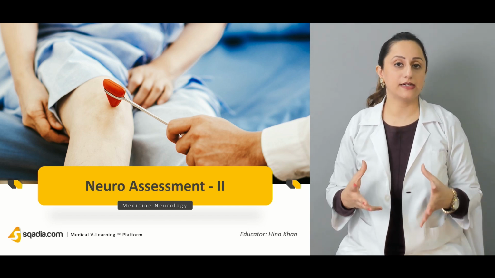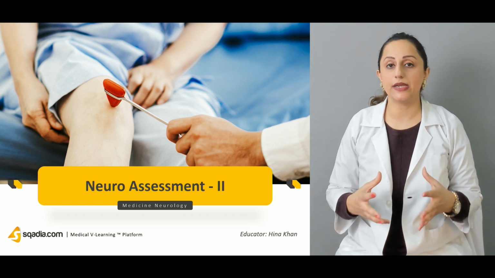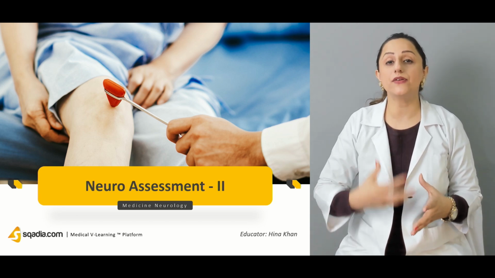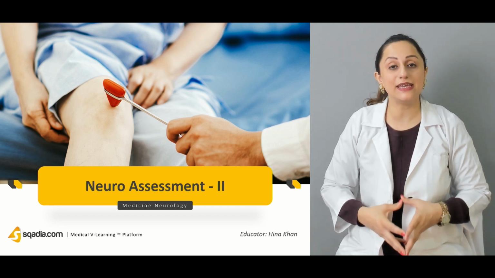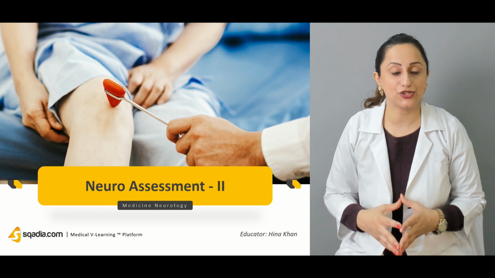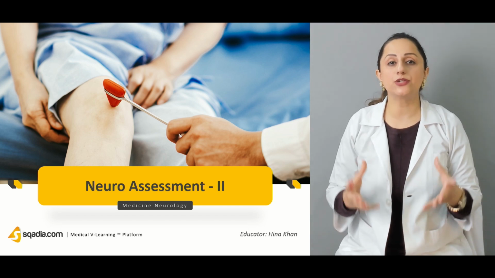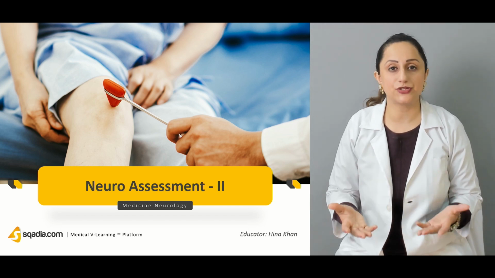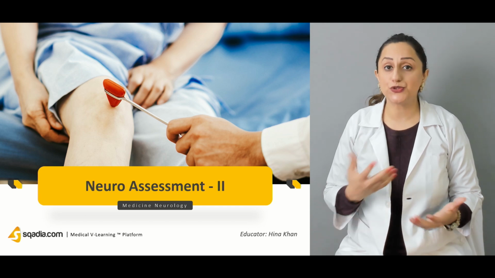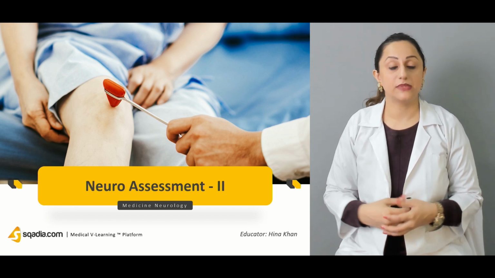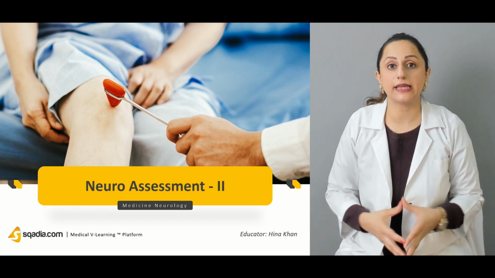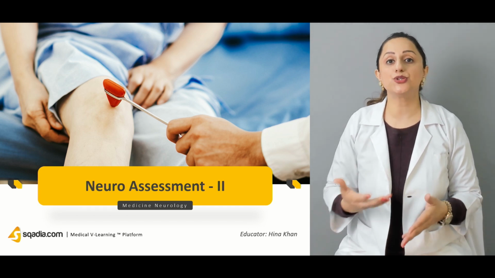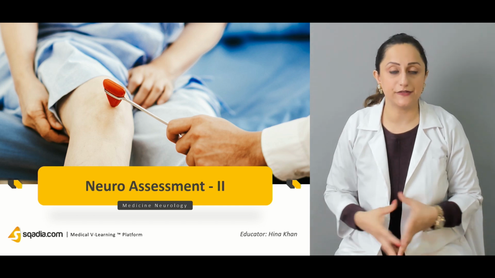In this particular lecture, we are moving on to another integral part of the neuro assessment, that is the cranial nerve examination. This is again a very interesting topic, and at undergrad level you should remember the criteria for examining the cranial nerves, as well as the names of the cranial nerves.